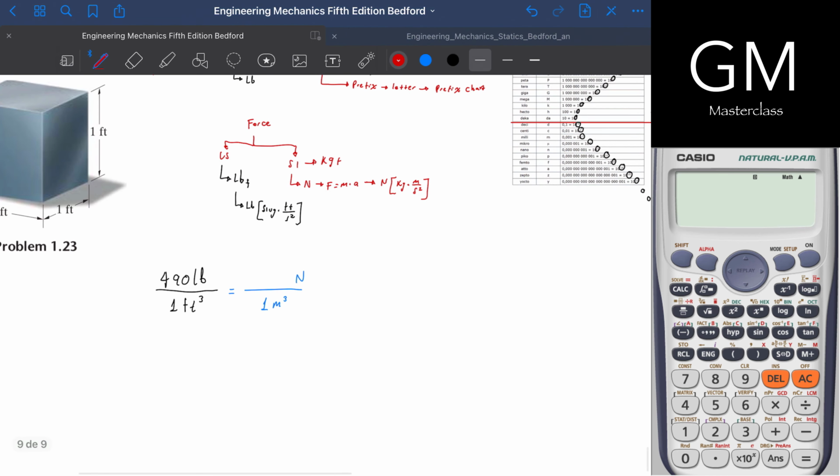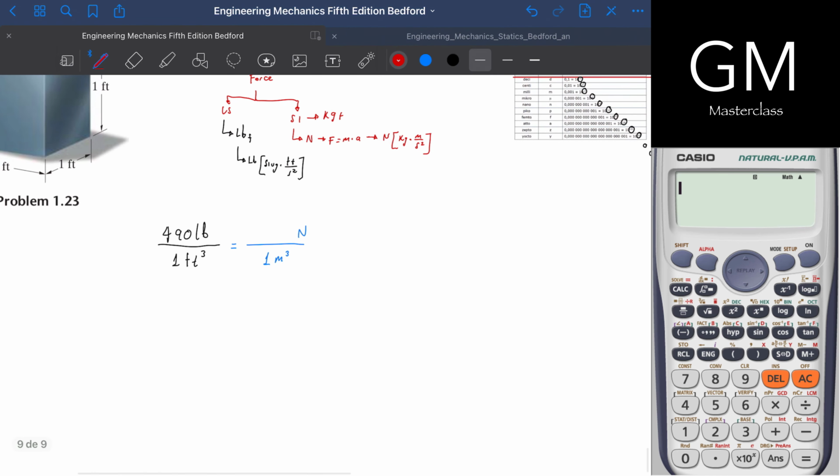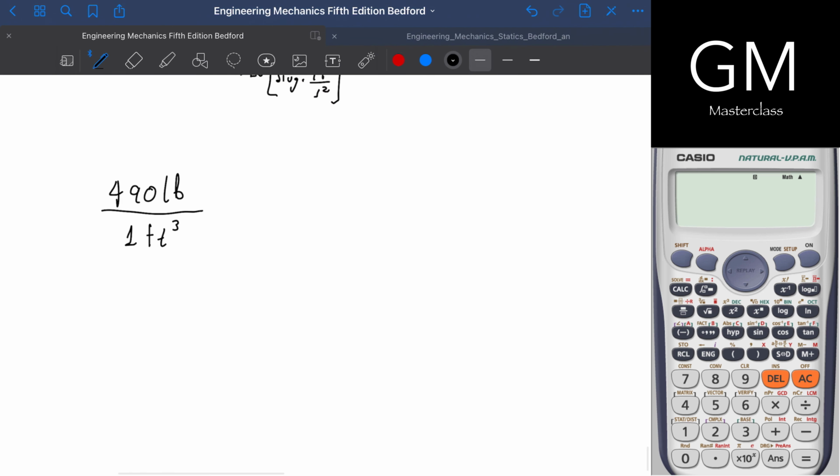So the first thing that we have to do here, and the only thing that we have to do here, is to change the units, to do some unit conversions. So this is equal, as I've explained before, to 490 slugs times feet divided by square seconds.